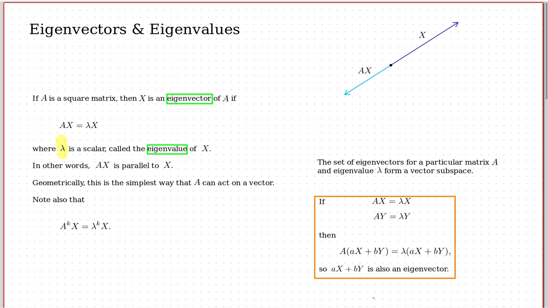Then it's also true for powers of A times x. So in other words, A to the k times x, that's just multiplying k times. Each time you do it, you pick up one factor of lambda, so that's just equal to lambda to the k times x. So if you have an eigenvector with a certain eigenvalue, then it works for powers of A as well.